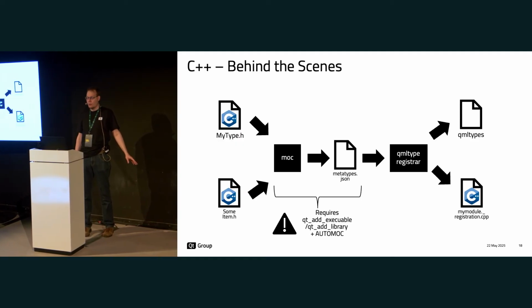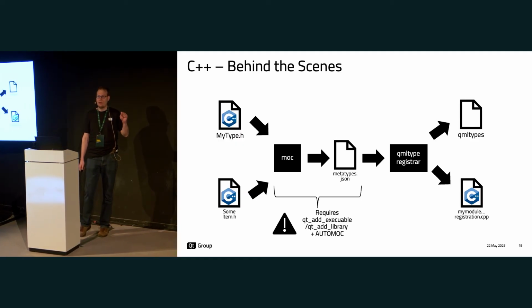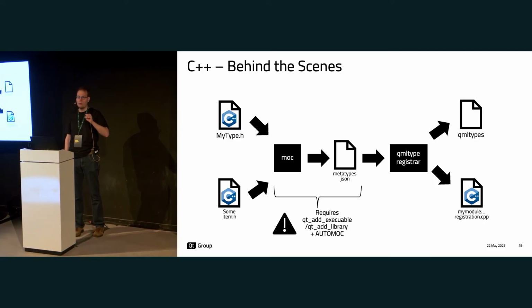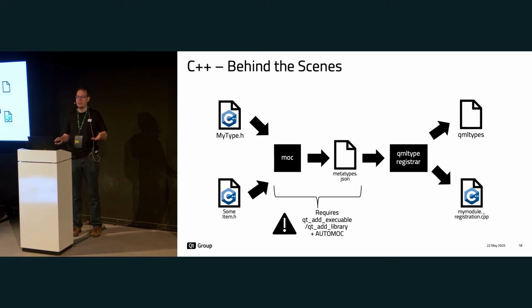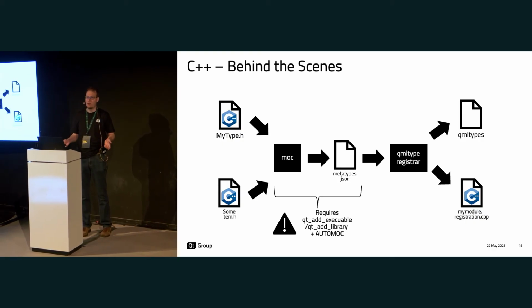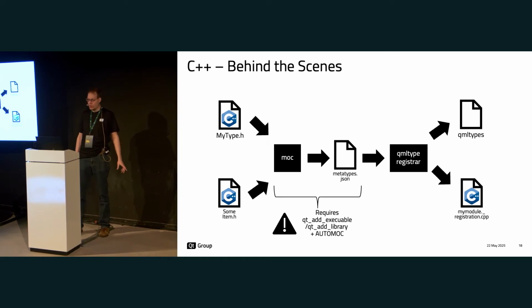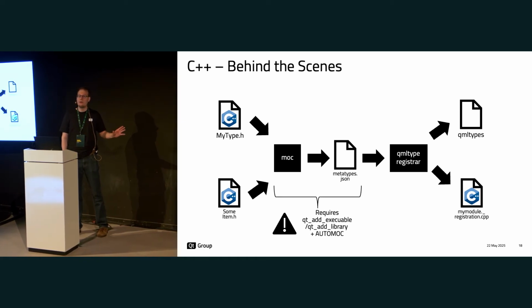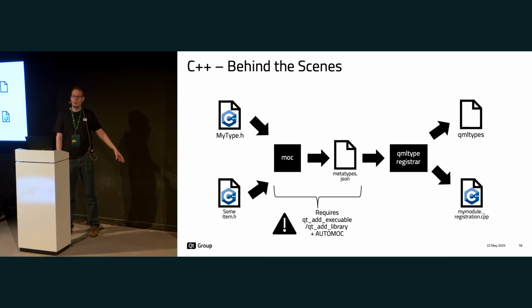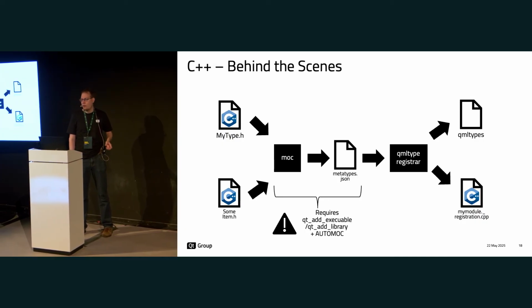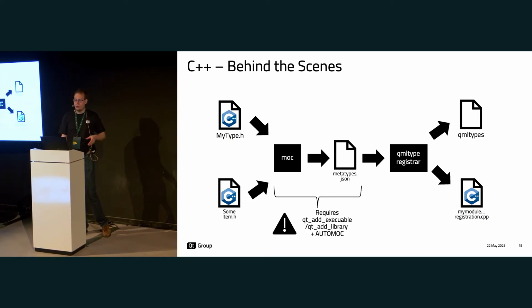And now let's take a slight look behind the scenes at what we do. So what will happen is you have your C++ files, and we are going to run moc on them, which you need anyway, because that's how signals are implemented. That's how you get your meta object set up. That's not new, but we are not only generating C++ code for your signals and so on, we are also generating a new file called metatypes.json.